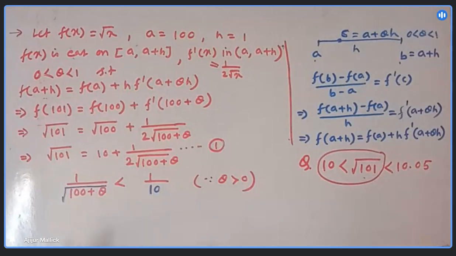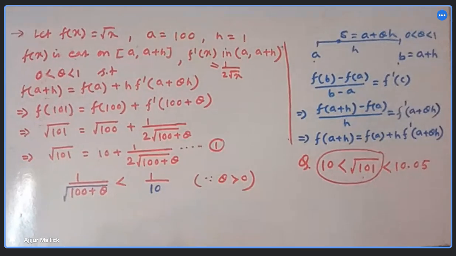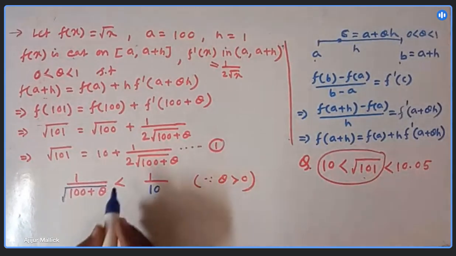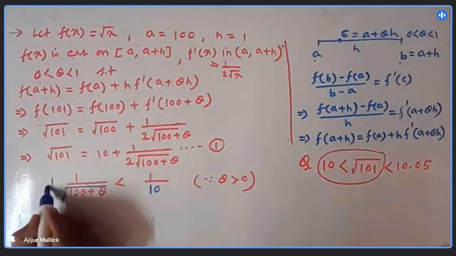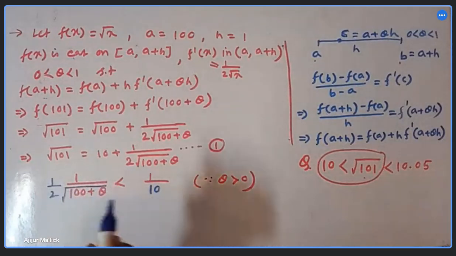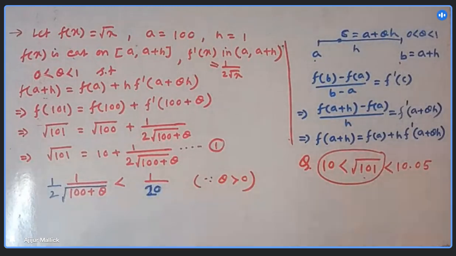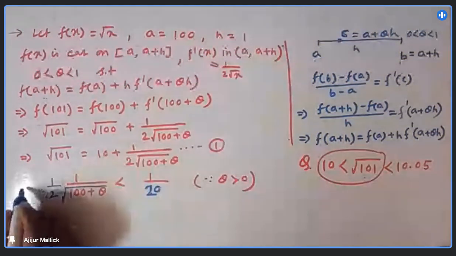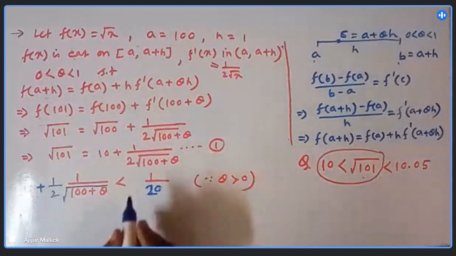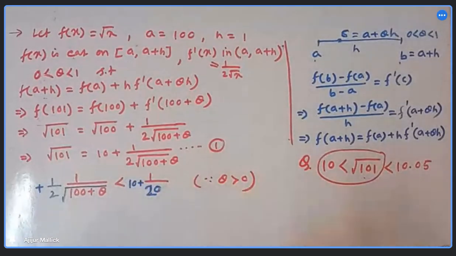We shall multiply the next line by half. So 1 by 2 into this will be less than 1 by 20. Now add 10. So 10 plus something is equal to 10 plus this.